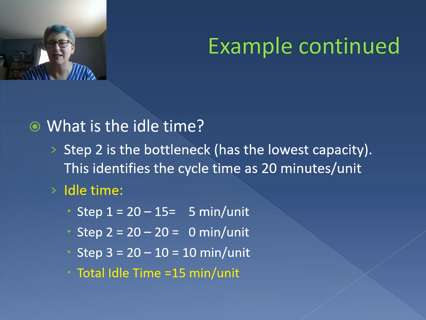Step 1 only takes 15 minutes per unit, which means it's waiting around 5 minutes. Step 2, which is the bottleneck, has no idle time. Step 3 only takes 10 minutes per unit, so there's a 10-minute idle time for that step. We add up all of the idle times, and now we have 15 minutes per unit. So we have 45 minutes of content time and 15 minutes of idle time.